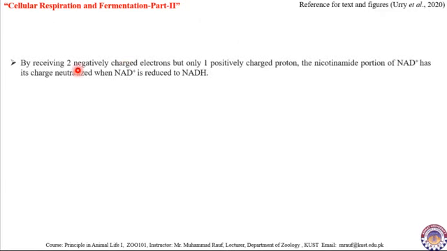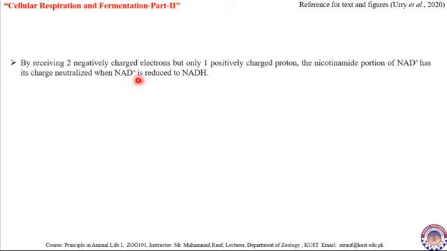By receiving 2 negatively charged electrons but only 1 positively charged proton, the nicotinamide portion of NAD has its charge neutralized when NAD is reduced to NADH.